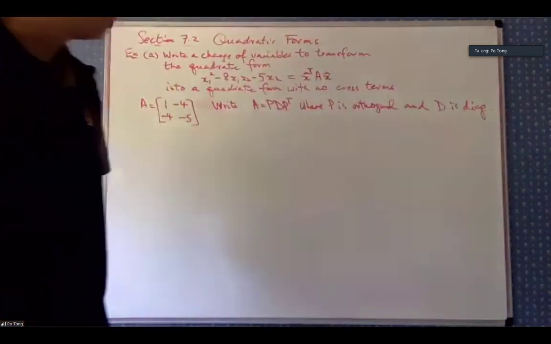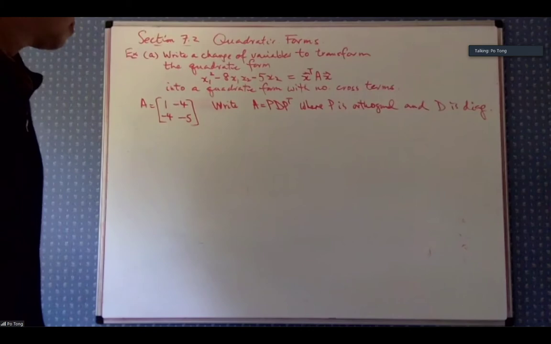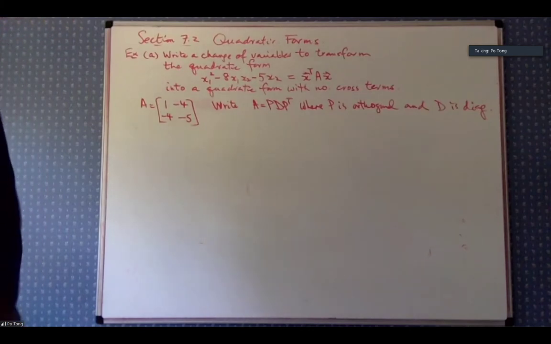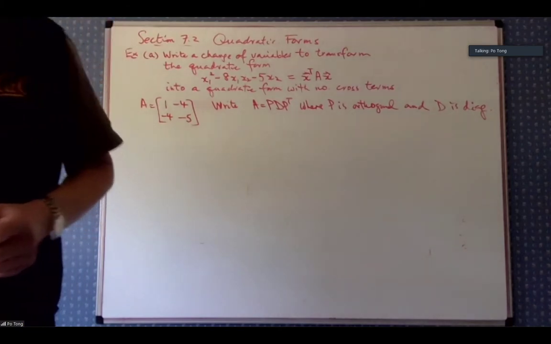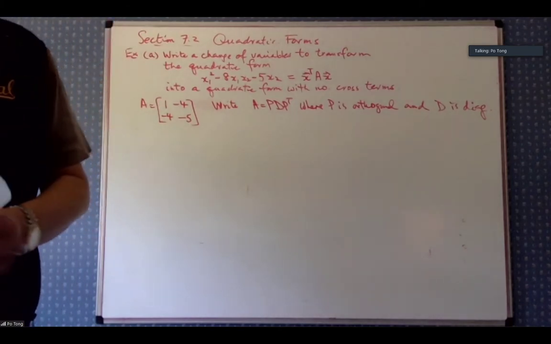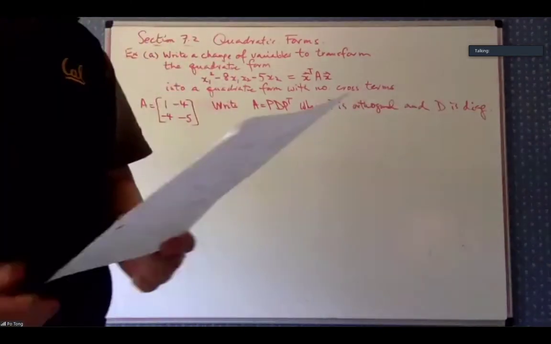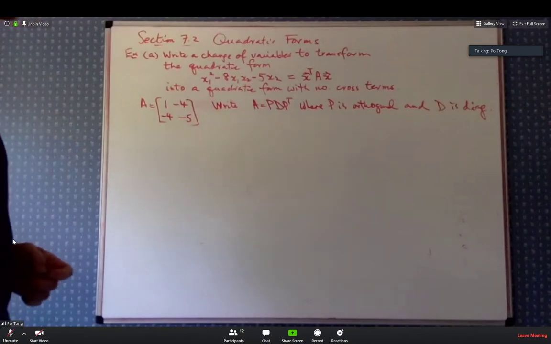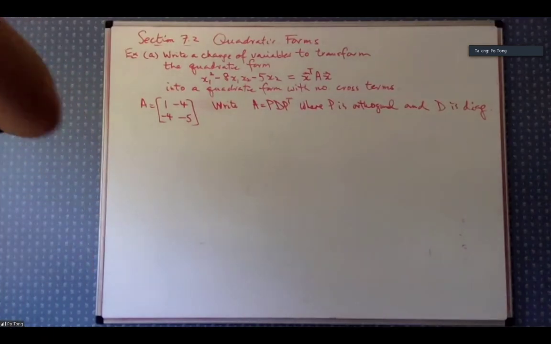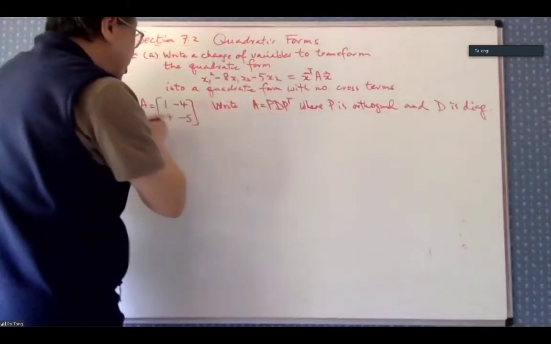So basically, we want to orthogonally diagonalize it. Let's just go ahead and do that. It will be a little bit long, but we can do it. What's the best way to proceed? Okay, I'll just do it first.